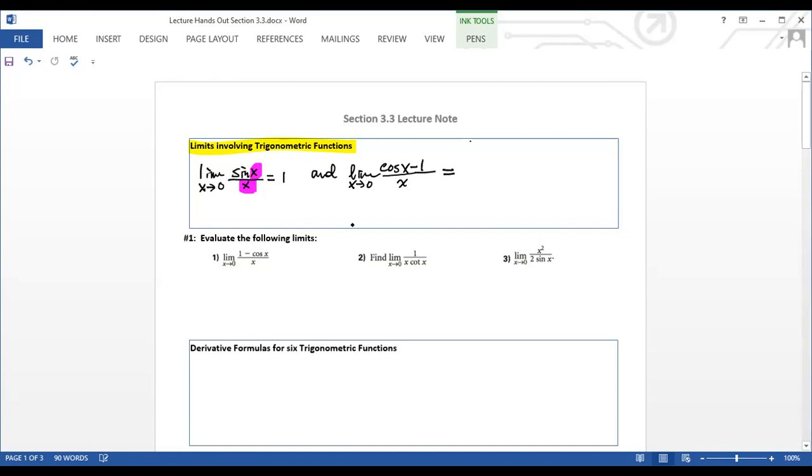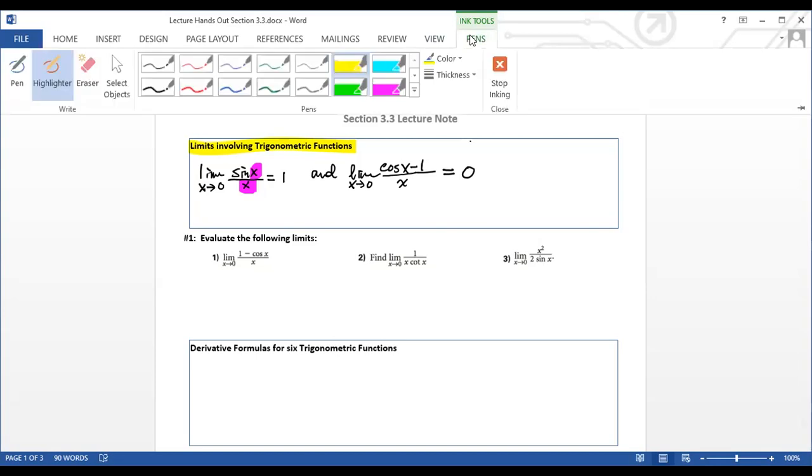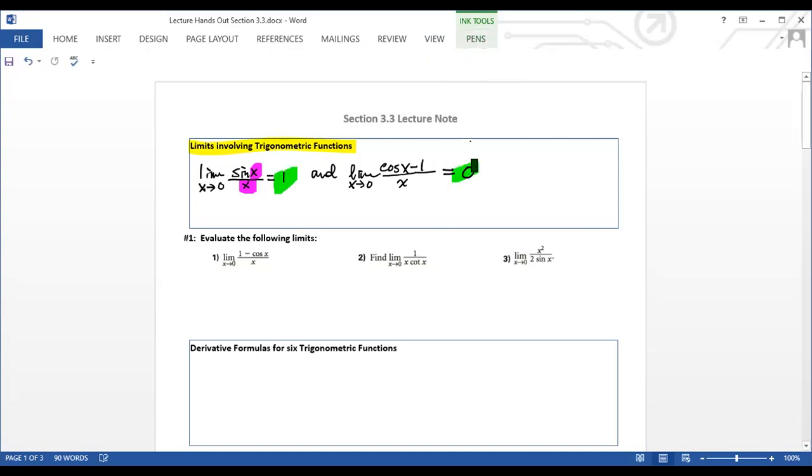As you can see, when x approaches 0, cosine 0 is 1, so the numerator is 0 and this is 0 over 0 again, but this one is equal to 0. So it's important to remember those two limits. Like I said, right now let's just take it for granted; in later units, we'll be able to prove it very easily.